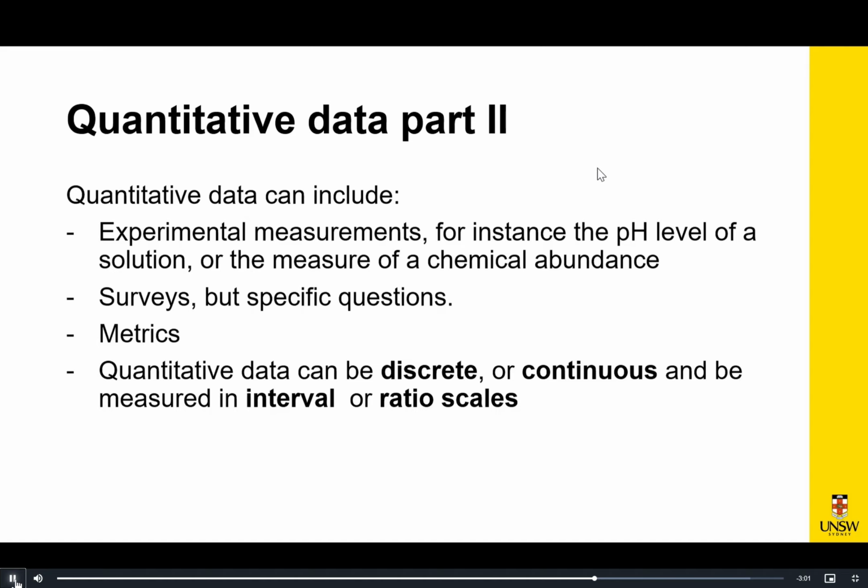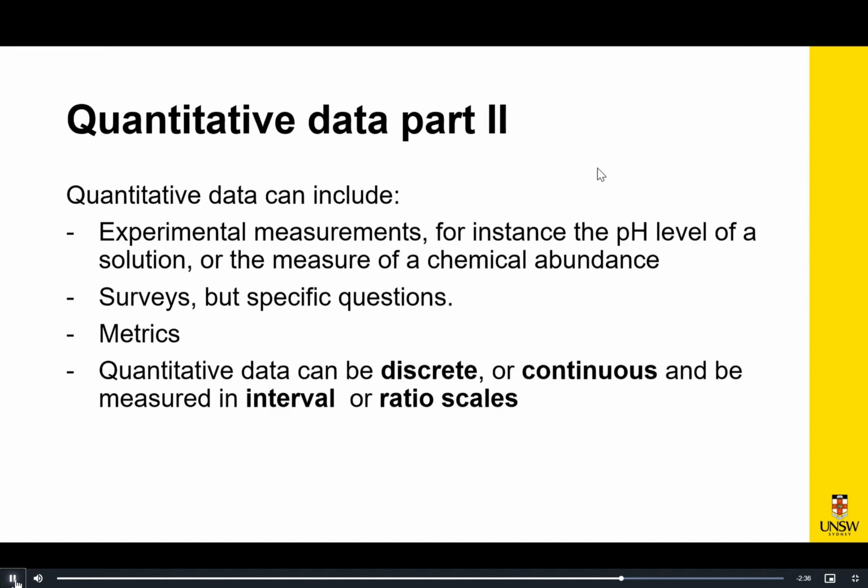Quantitative data can be discrete, as we were talking about before, in that it can't be broken down. Quantitative data can also be continuous, which means that it has a range that goes on functionally essentially infinite, though usually not infinite, and can be measured in interval or ratio scales.